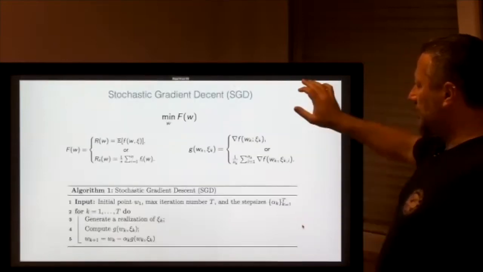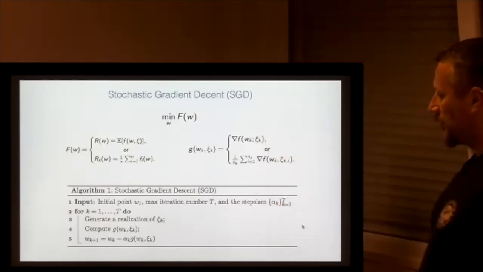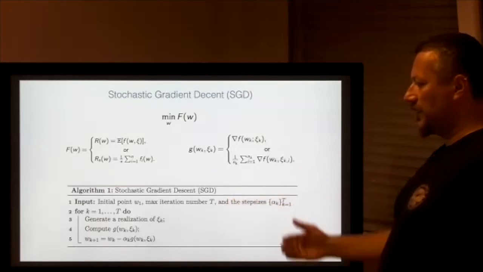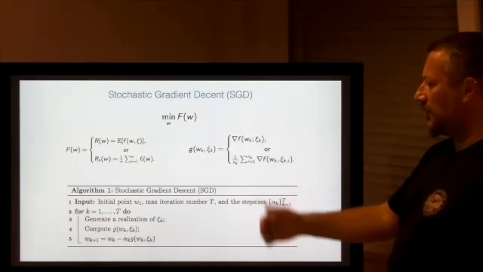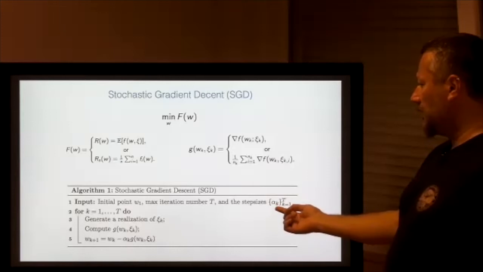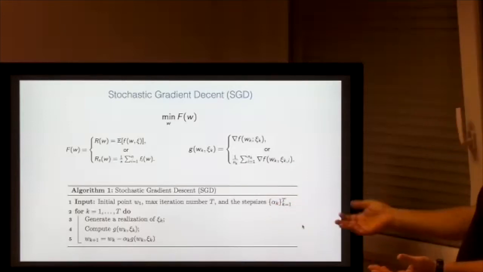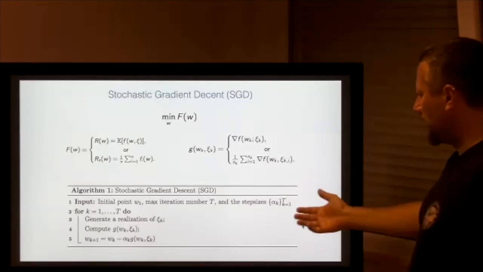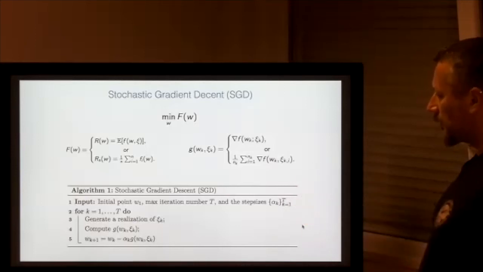So then the stochastic gradient descent was, you start with an initial point given to you, and then we are also given a maximum iteration number, so we are just going to stop at that point and we'll go until we reach the iteration number t. And then let's assume we are given step sizes alpha k's, or we can generate them at every step itself, but for now just assume that we have this sequence from the beginning.